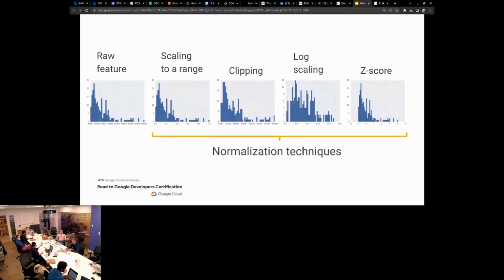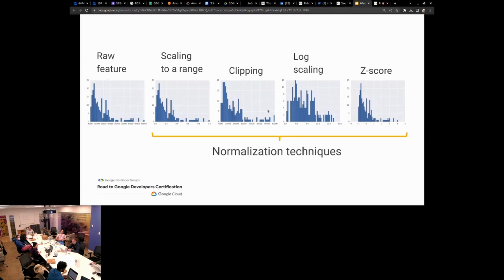If we are clipping it, then we are adding the long tail to the last value that we are deciding. In this case, we are deciding the last value to be 40K. Everything after the 40K is on top of what was 40K. This is the reason that in the clipping figure, in comparison with the raw feature figure, you do not have that last bump, but the bump for the 40,000 is a little bit taller.